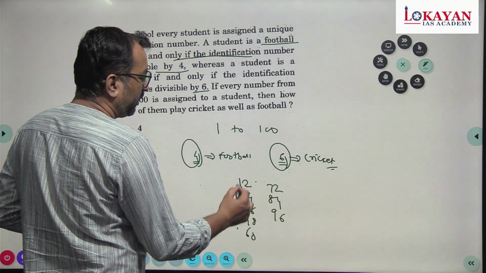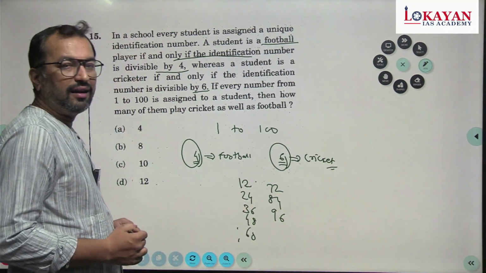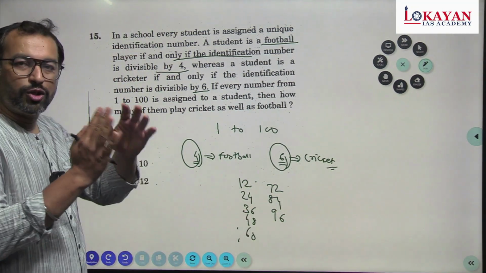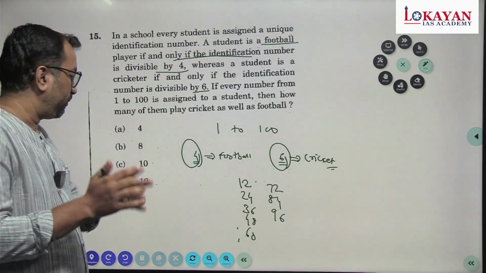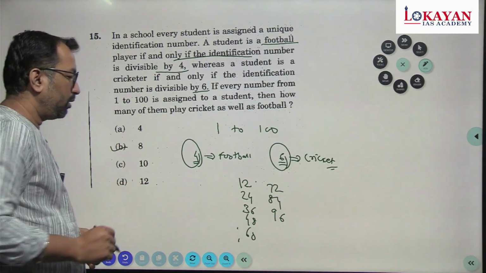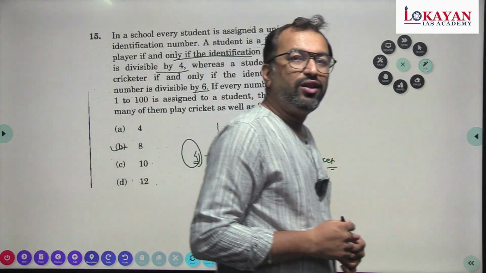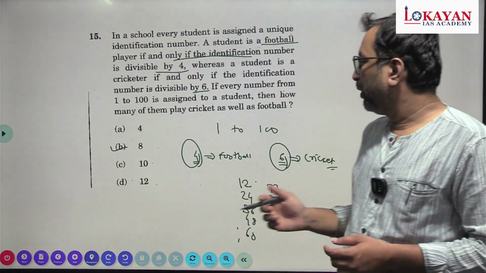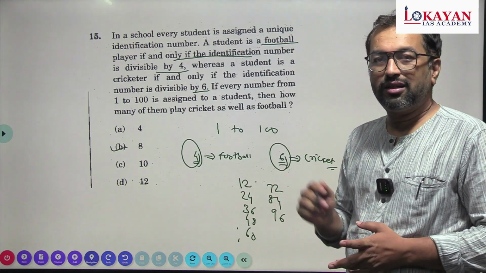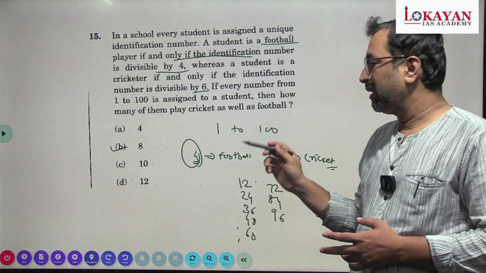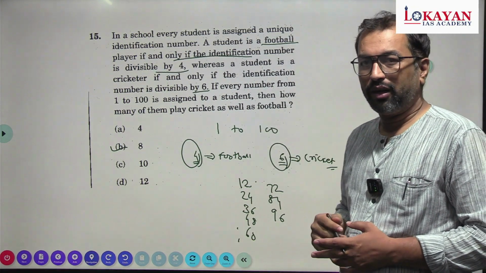How many numbers are there? 5 plus 3, 8 such numbers. So that means 8 such players are there, which are both football players as well as cricket players. So in short, what we have done, we have found the LCM of 4 and 6, least common multiple, right?